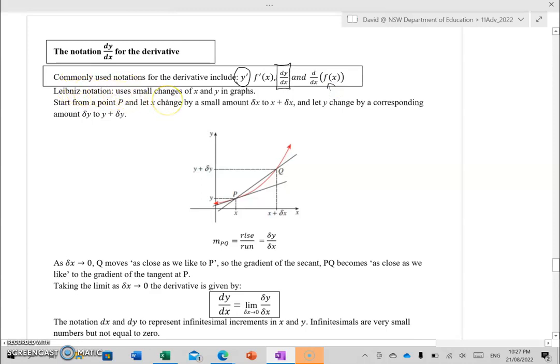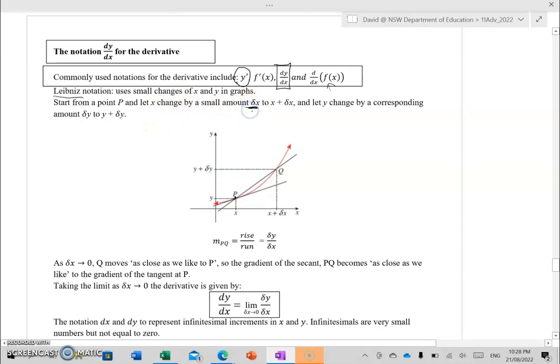So let's have a look at the notation that Leibniz, who was one of the co-creators of calculus, used when he initially did his derivations, because he was looking at small changes of x and y on the graph. He looked at an original point located at x, y. We're going to call it P here, and then we're going to change the x value by a small amount.